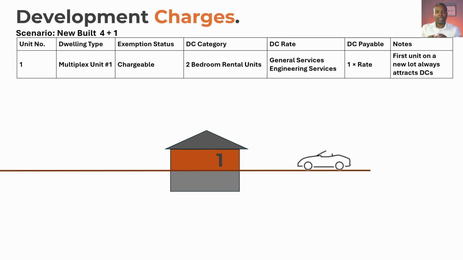In this case, a 2-bedroom is roughly $60 to $65,000, depending on whether credits are applied or not. And as I mentioned earlier, a very important note is that it is applied to the first unit on the lot. This usually attracts DCs, okay?